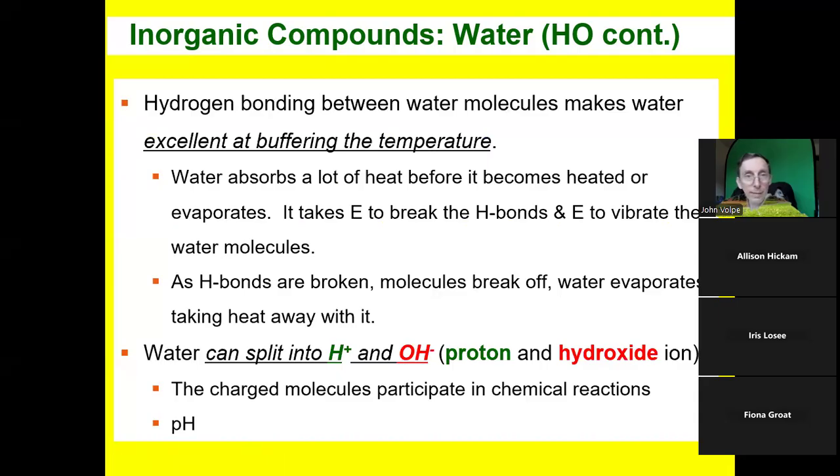Okay, hydrogen bonding formation between water molecules makes water a liquid. The hydrogen bonding also makes water excellent at buffering the temperature. Those of you living in Western Washington or Western Oregon know that the western part of the state, the temperature is buffered compared to the eastern part of the state because of the Pacific Ocean.